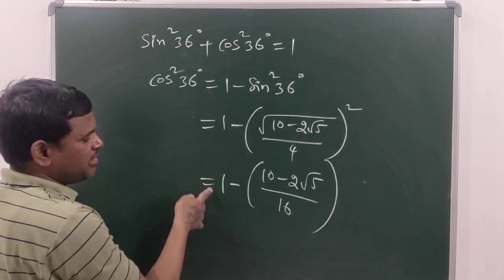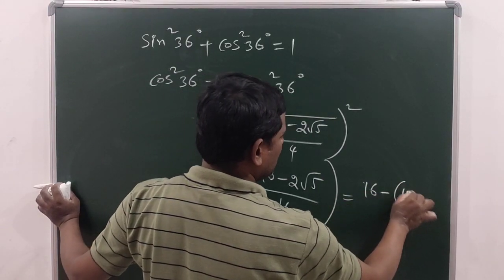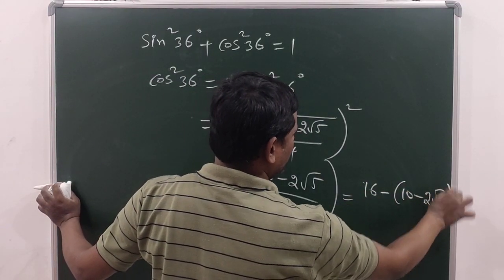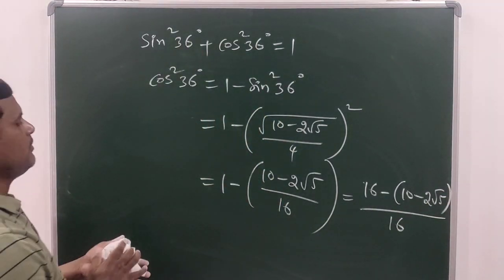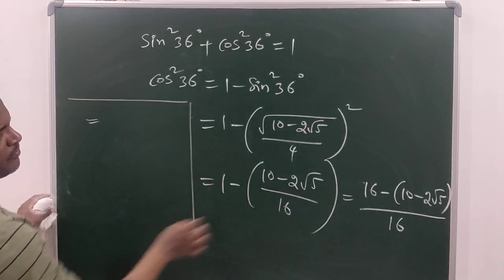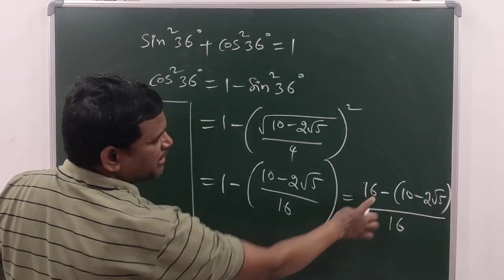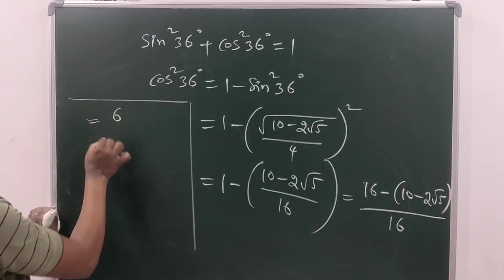Now take cross multiplication. What do you get? 16 minus (10 minus 2 root 5) by 16. Now simplify. If you simplify, what do you get there? When you open this bracket, 16 minus 10, so 6 you will get.